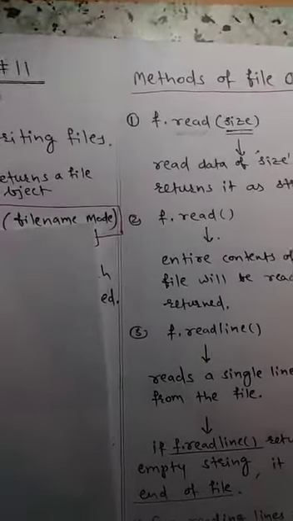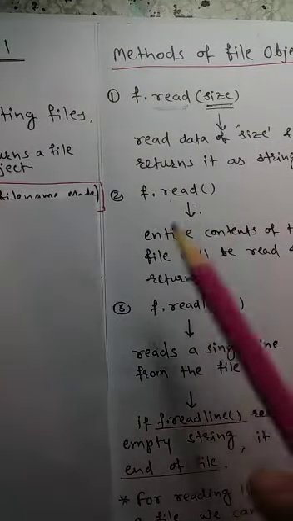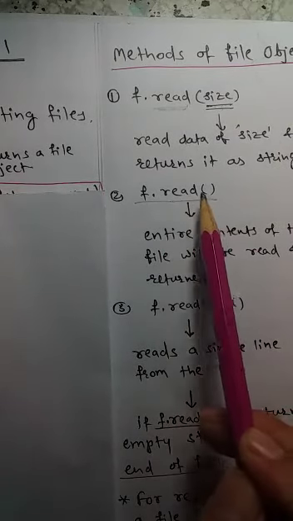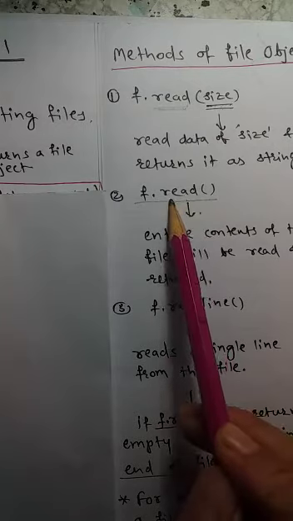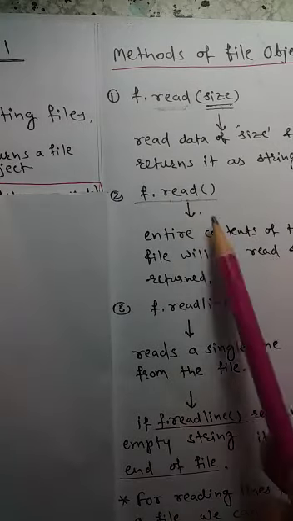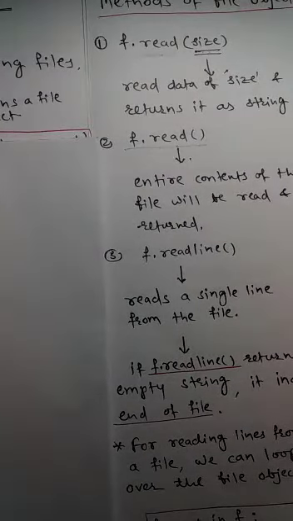Then we have that same function but without any parameter. If you are using the read function without any parameter, it will return the entire file as a string. Then we have the statement f dot readline.